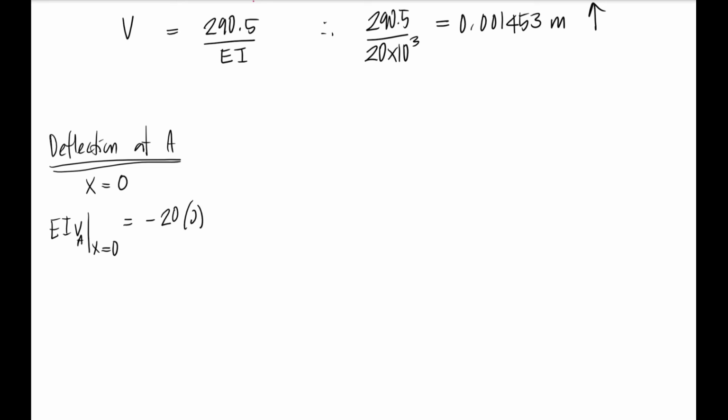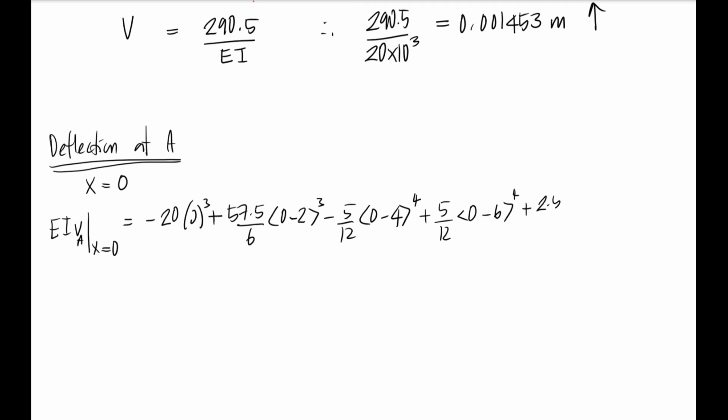Since it's 0, 0 minus 4, 5 over 12, 0 minus 6, 0 minus 10, plus 267.5 times 0 minus 481.7.